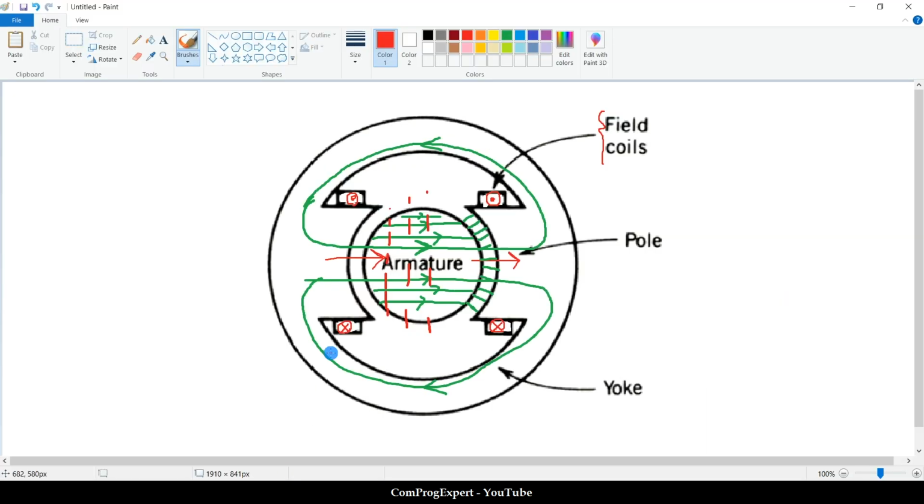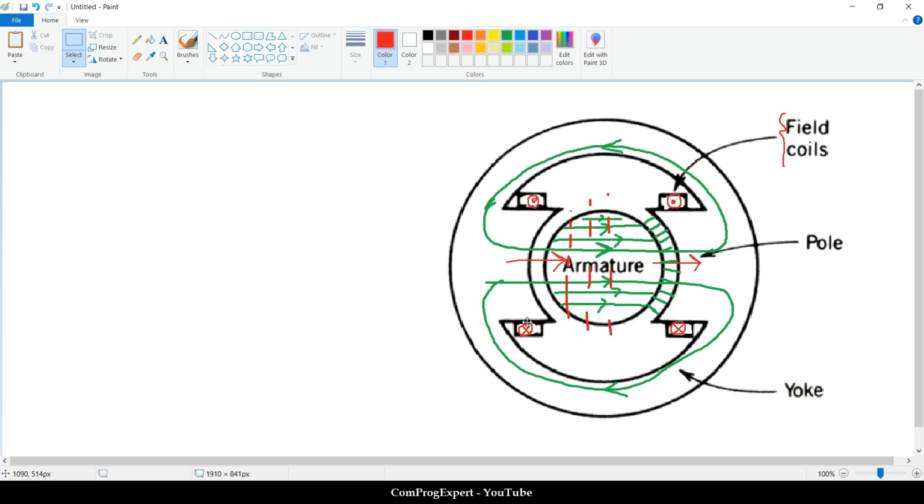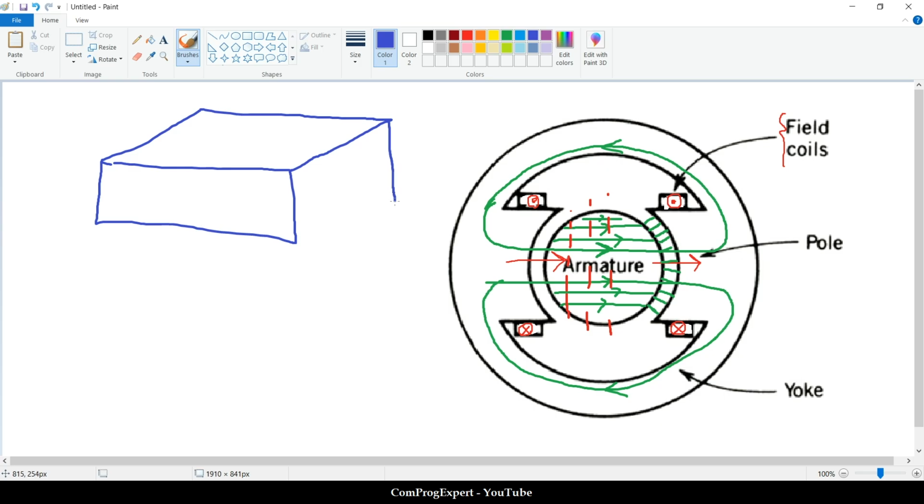You know how to calculate the reluctance for a cube, right? If we have a cube of a magnetic material with this cross section A and this length L, and we have a uniform magnetic field inside this cube, we can calculate the reluctance.